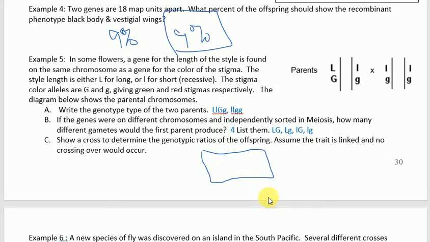So we're expecting to get a 1-to-1 ratio. So the first thing that we have to determine is what we're going to cross.